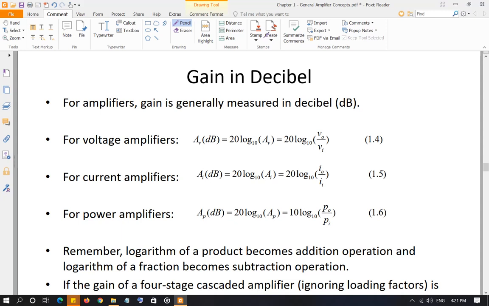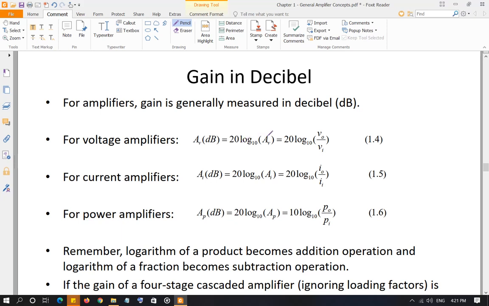Very simple, as you can see on the screen. Whenever you have a gain value, you take the log 10 of that gain if it is voltage gain or current gain, and then multiply that by 20.